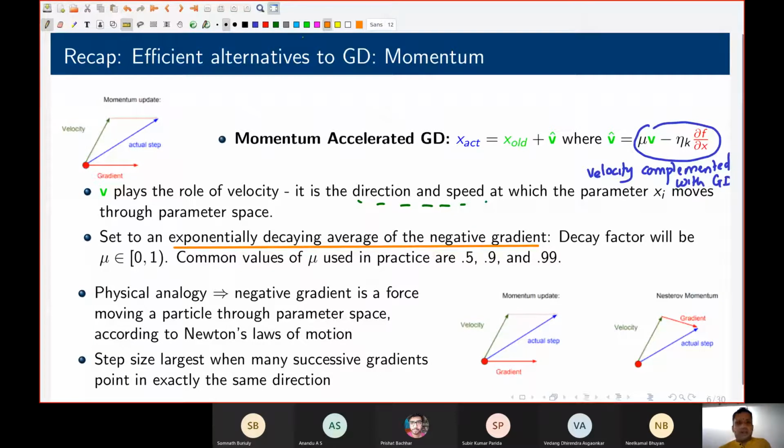That was the factor mu here, a decay factor. The first time you'll have mu times v, then it will become mu square for an older v, then mu cube. So the history is also fading out. Basically, that's what we want to do.